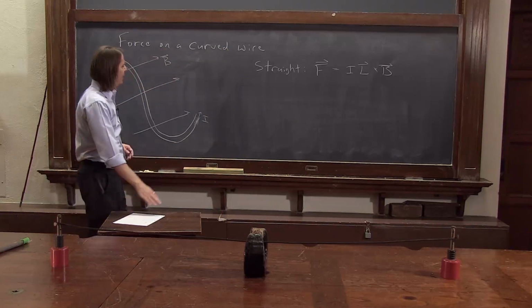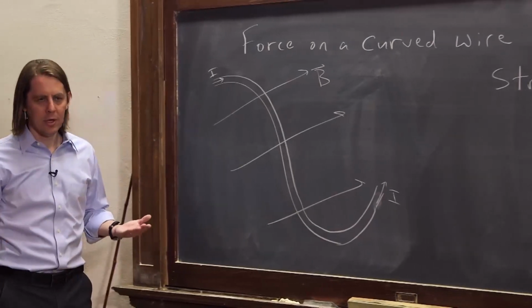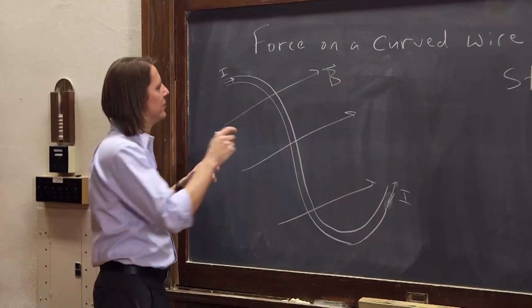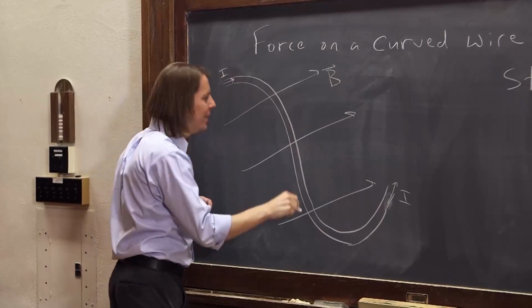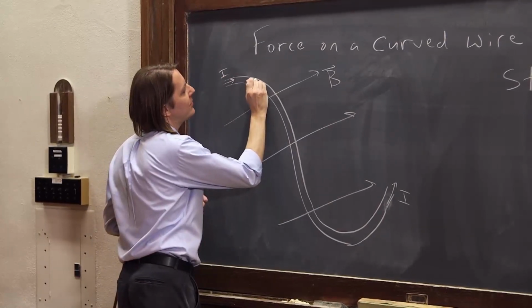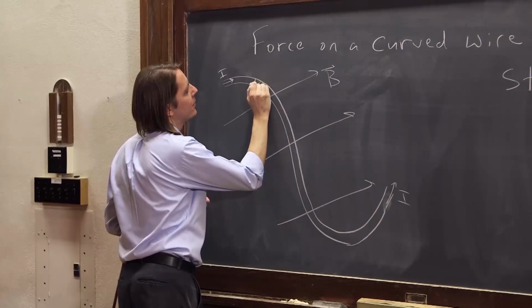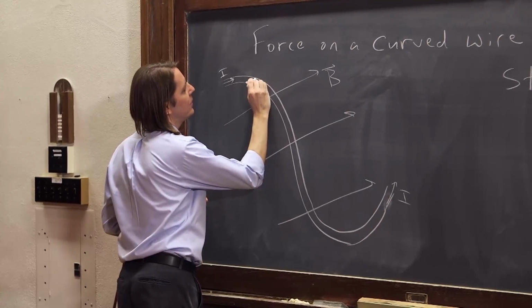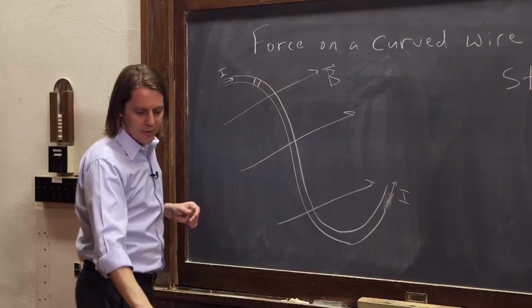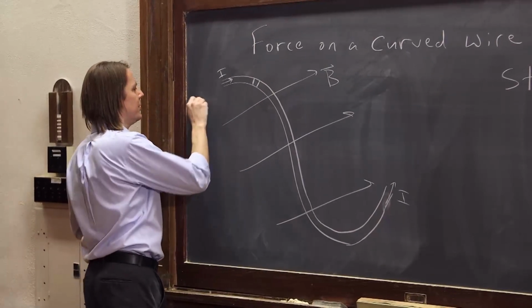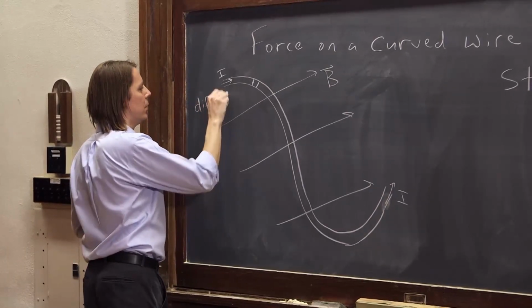We have a curved wire. So what we have to do is break it into little pieces, right? If it's curved, and if we look at a small enough piece, like this piece right here, that piece is essentially straight. So this is a differential segment of the wire.